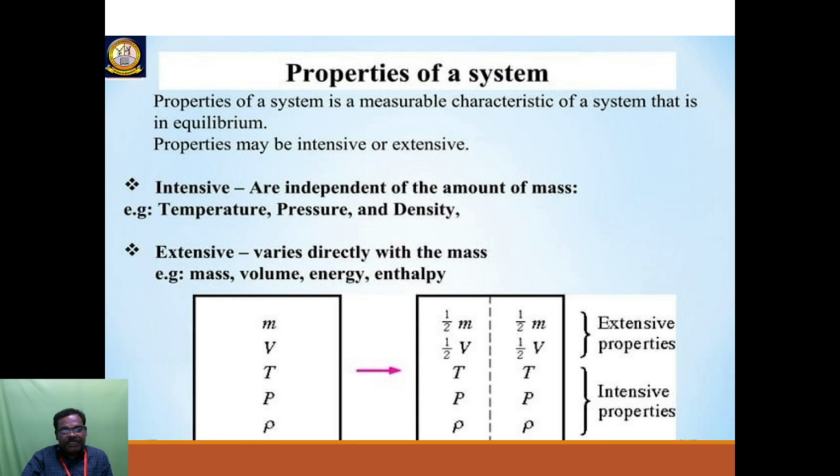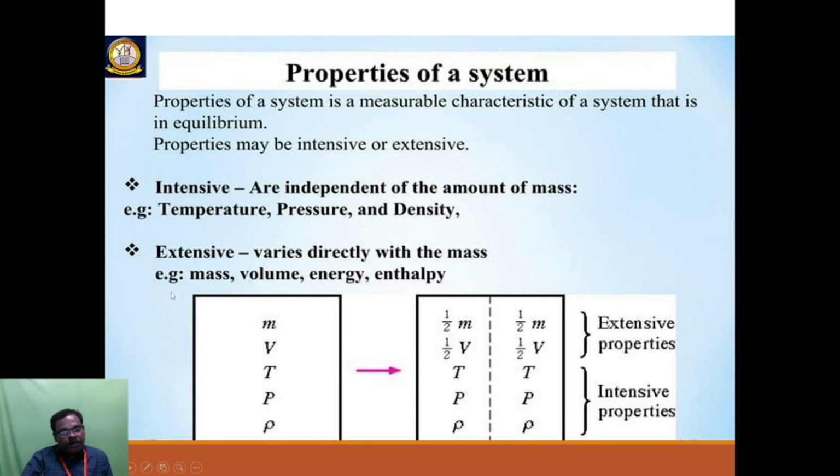It is independent of mass. Suppose the number of students is 20, the temperature is 34. Number of students is 40, the same temperature. So even though the mass is increased or decreased, this particular property never changes. So this is independent of the amount of mass. The best example is temperature, pressure and density.